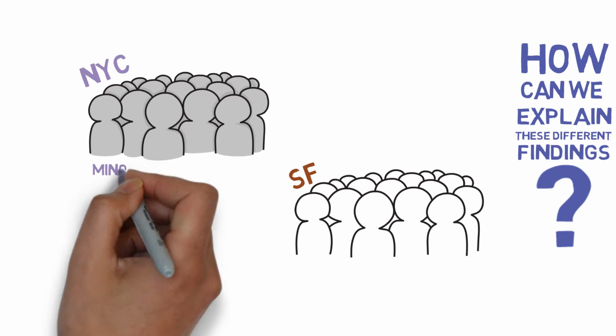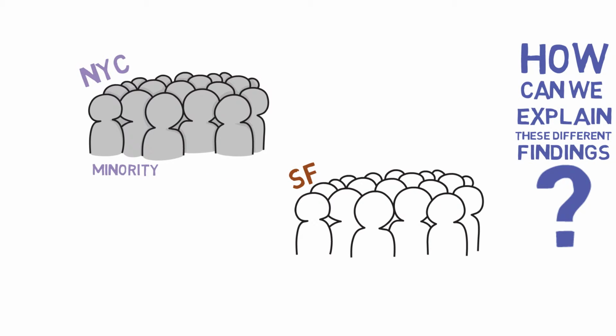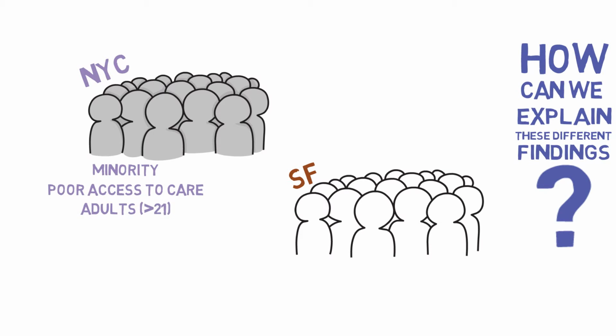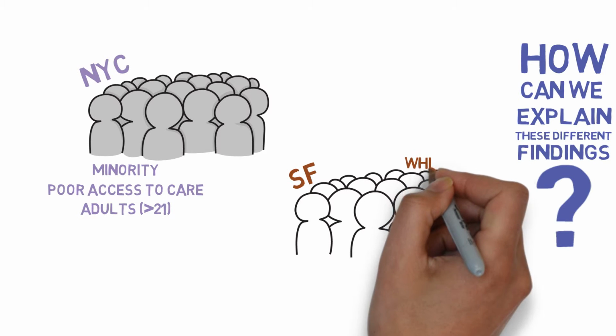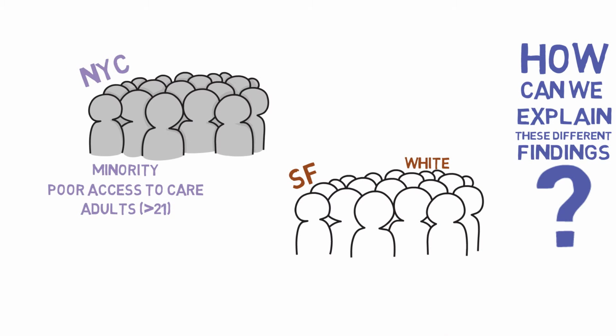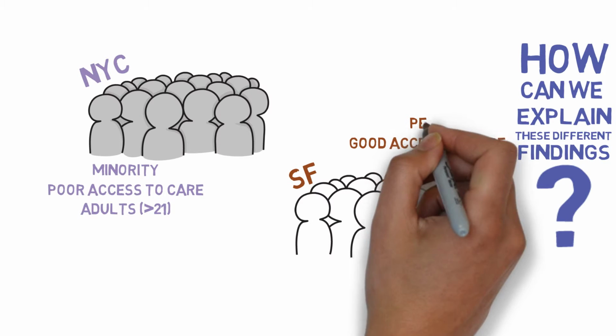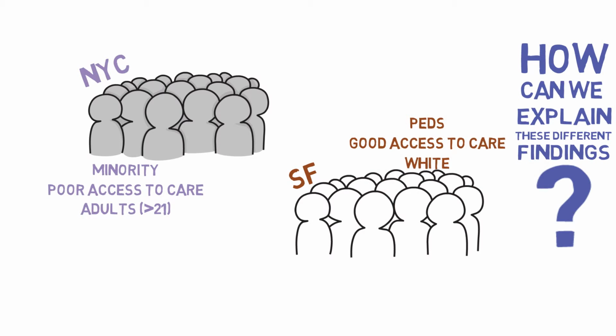While the New York City population was largely minorities, many of whom had poor access to care, and only included adults, the San Francisco cohort was largely white, seemed to have good access to care and follow-up, and included a pediatric population. It's not difficult to imagine that there might be differences between these two cohorts in the two different studies that might affect the generalizability of the San Francisco rule.